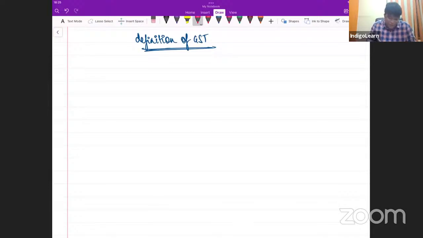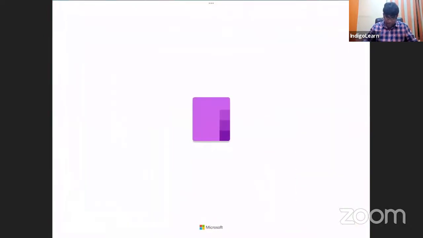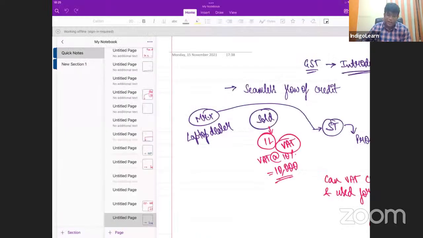Then, what is the definition of GST? They clearly specified that GST is a tax. One second, guys. We are looking at the definition for GST, friends, not the full form for GST. Full form for GST already we know.